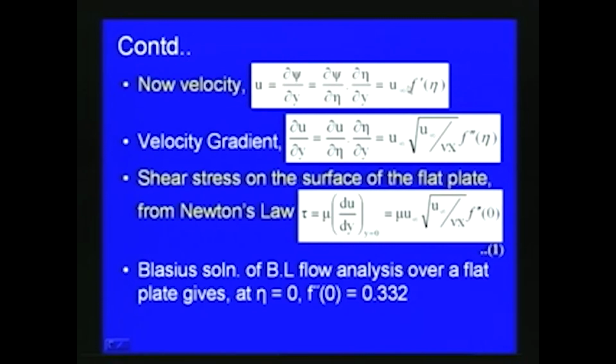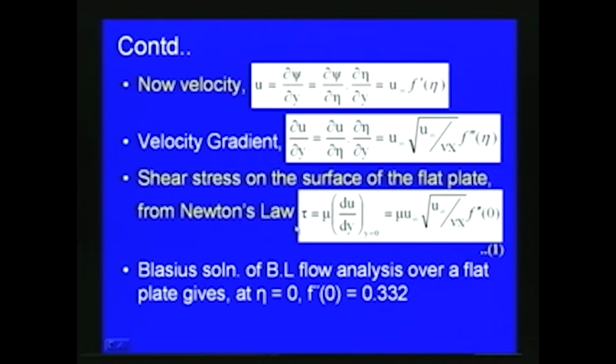So the velocity at any location is u equal to u infinity f dash eta, and then the velocity gradient we can write as del u by del y is equal to del u by del eta into del eta by del y. This is equal to u infinity square root of u infinity by nu x into f double dash eta, the second derivative, while here the first derivative is f dash.